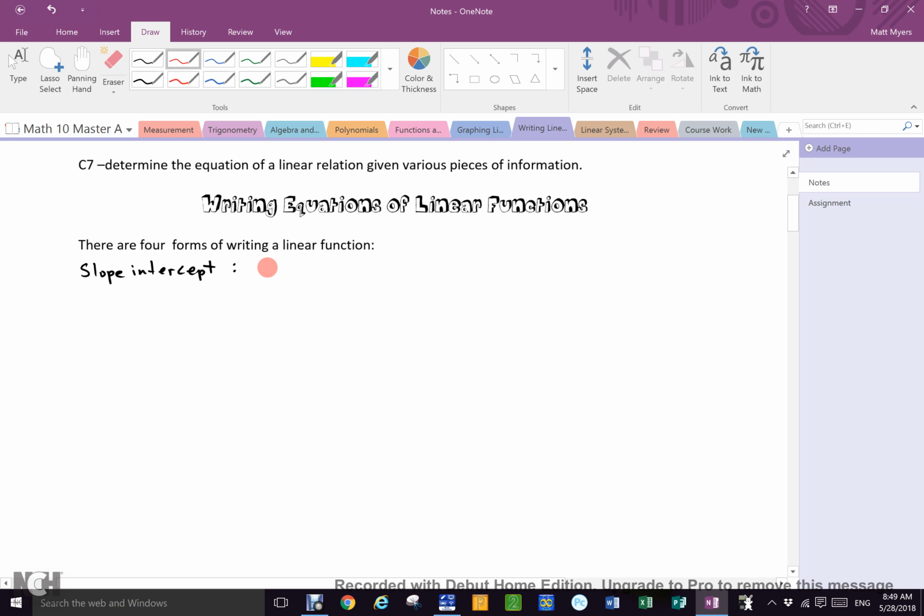Slope intercept looks like what? Y equals mx plus b. And what do you know about slope intercept form? Apparently nothing. Somebody in the room knows something about slope intercept form.